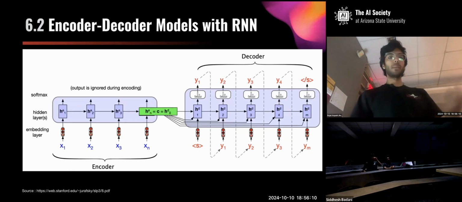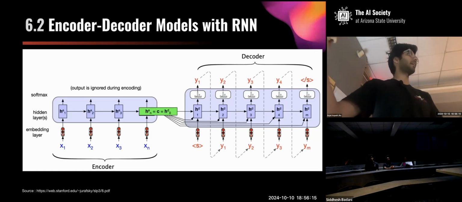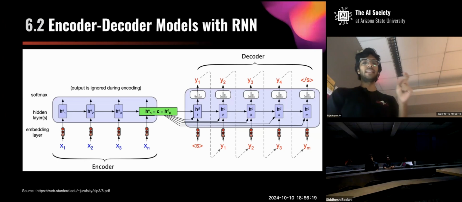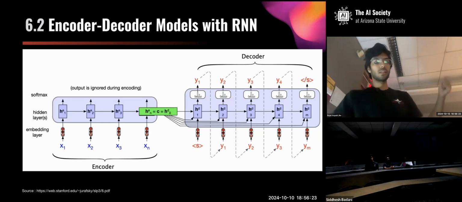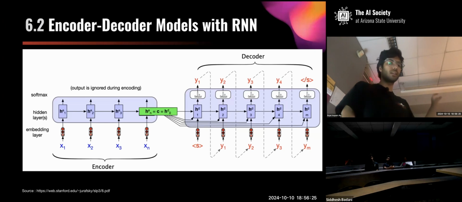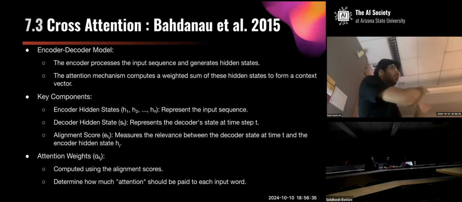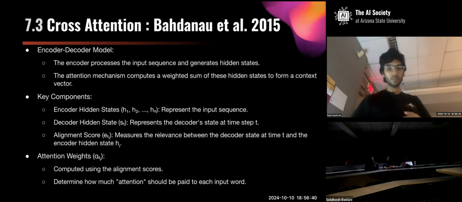So the alignment score will be high for x3 and y2 for the decoder state. That is what the alignment score does. For any step of the decoder, it gives more weightage to the corresponding states from the encoder. We'll see it in more detail. And then from the alignment score, we get the attention weights, how much attention to give to each sequence in the encoder.